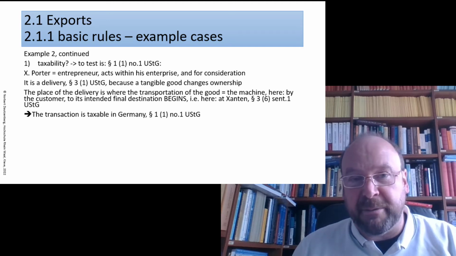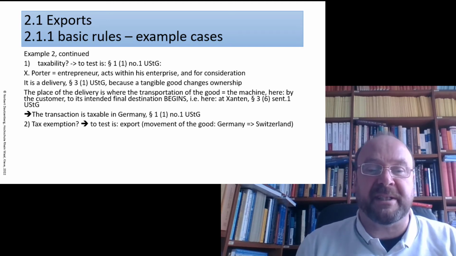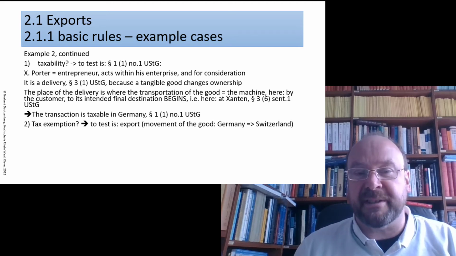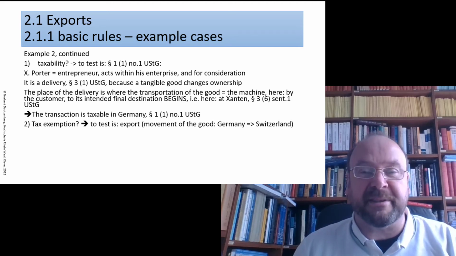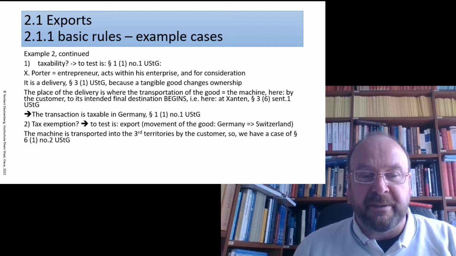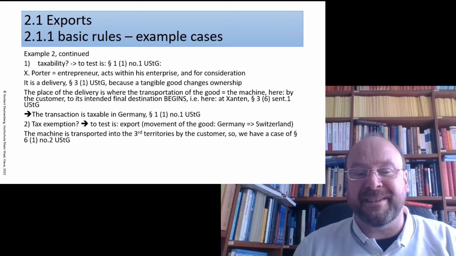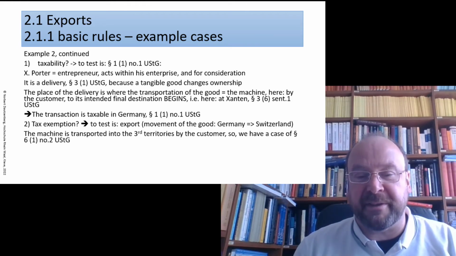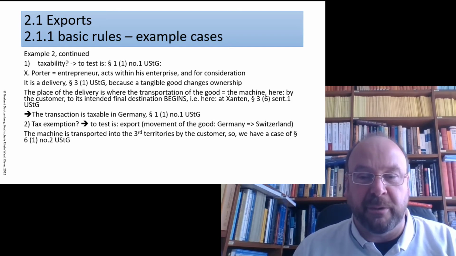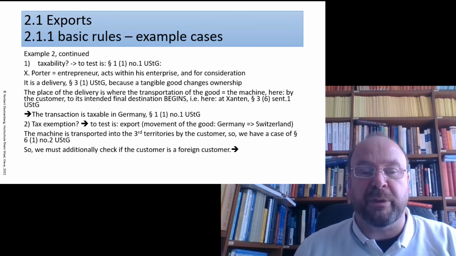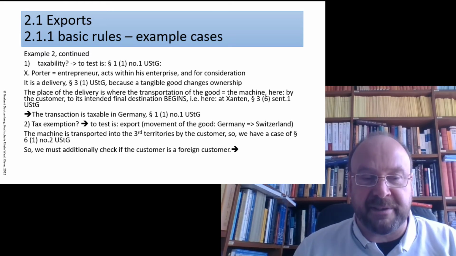After taxability, we turn to tax exemption, and the test is if it is an export, because Switzerland is a third country. The machine is transported indeed to a third territory by the customer because the machine is brought to Switzerland. So we have a case of 6.1 number 2. The customer makes the transport, so we have additionally to check if the customer is a foreign customer.